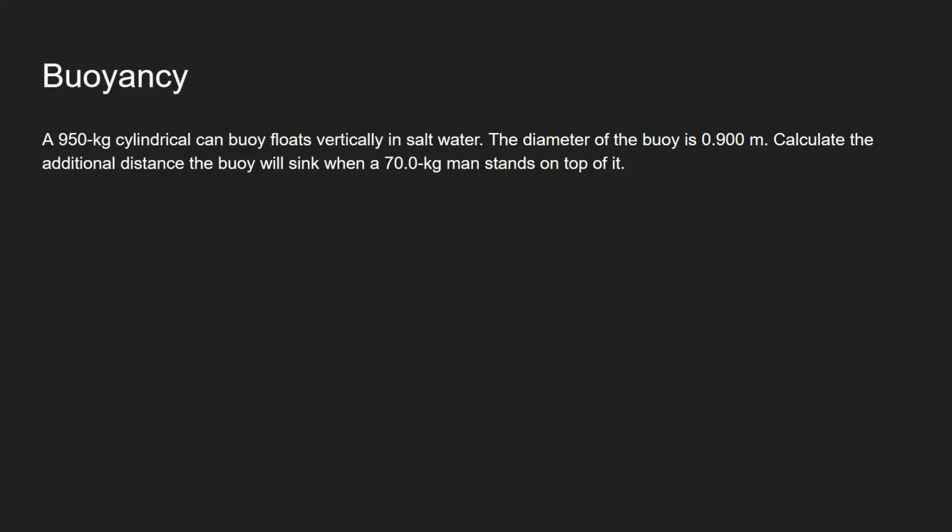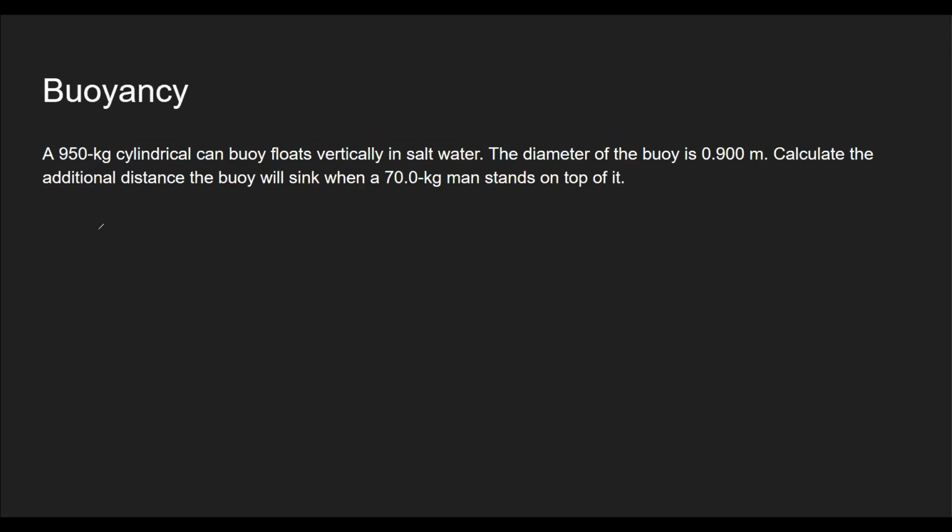Let's take a look at the given data. I've got here the mass of the cylindrical can, 950 kg. I also have the diameter, 0.900 m. Calculate the additional distance. Let's have d for the diameter, and we're looking for the distance. There's a 70 kg man, so there's another mass here.